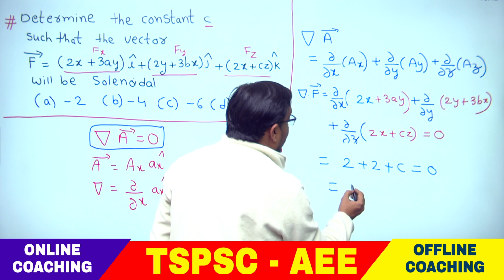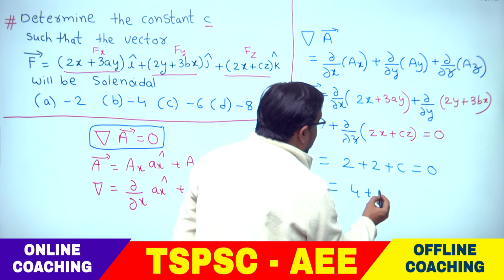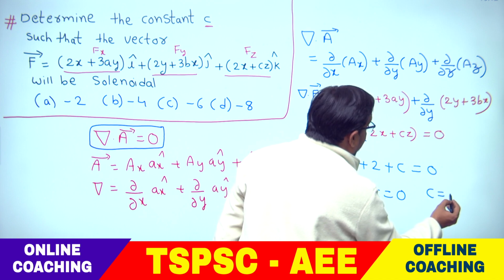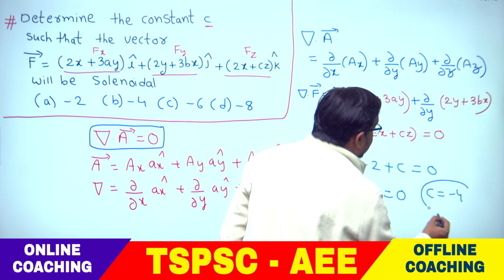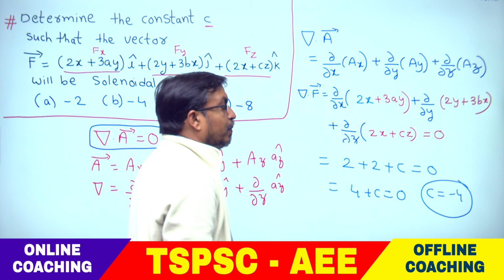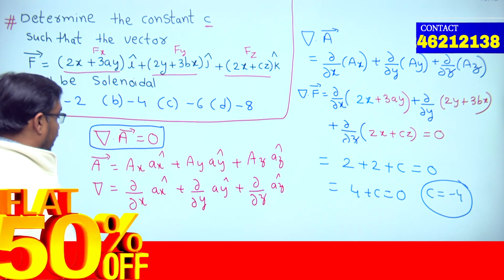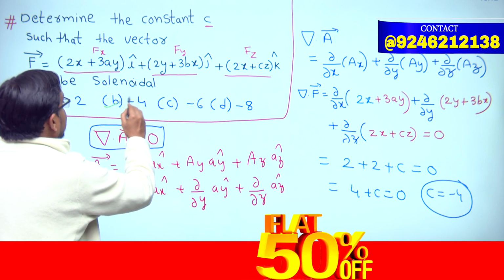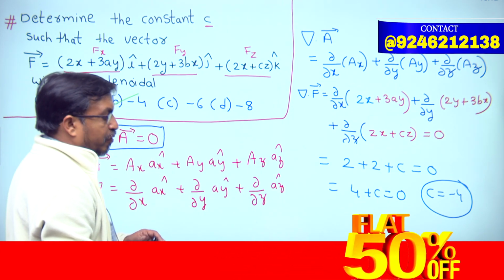That gives 4 plus c equals 0. Then from that c equals minus 4. In the 4 options, option B is correct, that is minus 4.